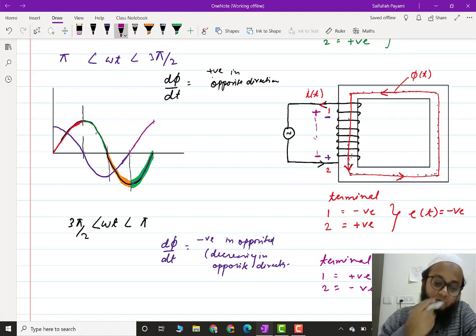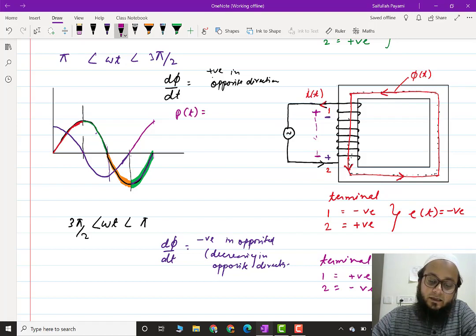Okay, so what you can check is, when omega t is greater than pi and less than 3 pi by 2, what about power? If you see, for the first case, the current is actually entering into the positive terminal.